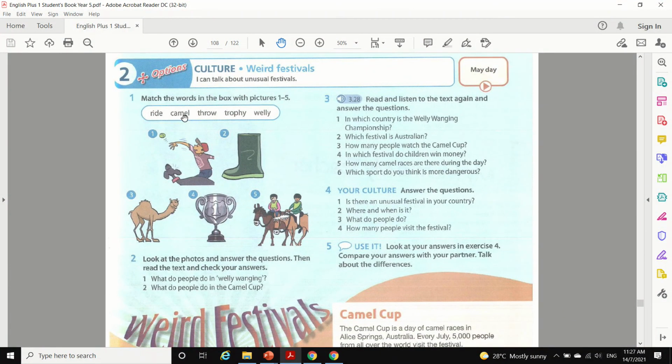Camel. Picture number 3. Yes, camel. Troll. Picture number 1. Trophy. Picture number 4. Okay, this is trophy. This is what we call trophy. 奖杯 trophy. Valley. This is valley. Okay, the shoes. This we call valley.